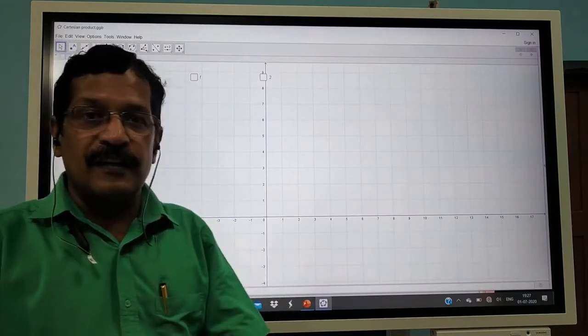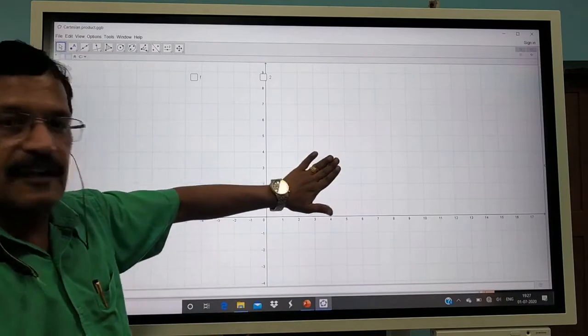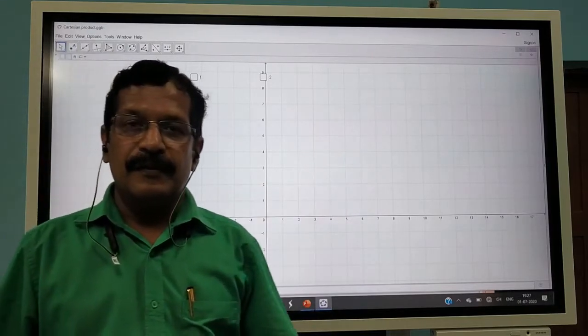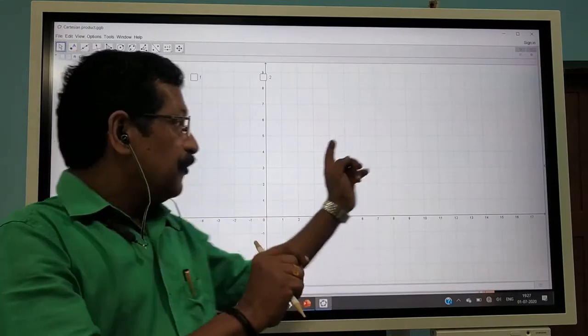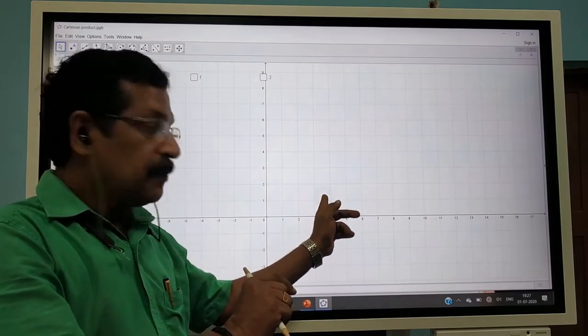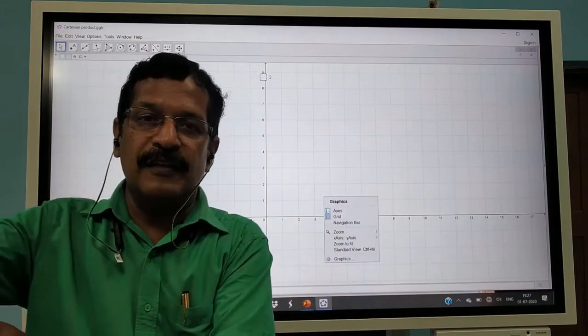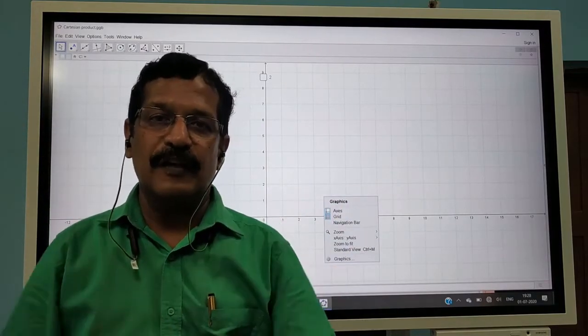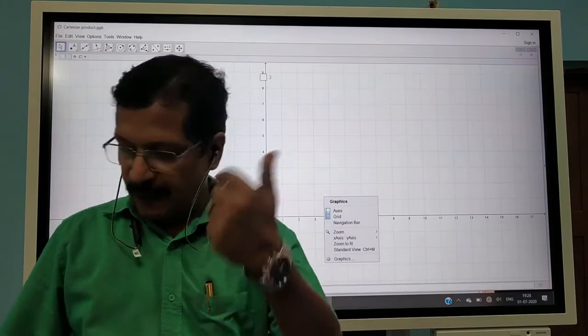So R cross R is the set of all points in this Cartesian plane. It means that every point in the Cartesian plane is a point in the Cartesian product R cross R.